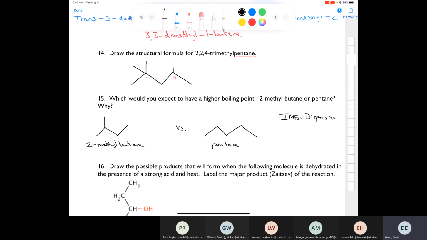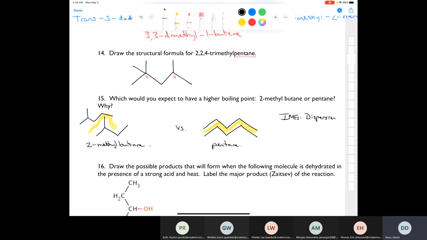There are no polar bonds and there's no opportunity for hydrogen bonding. So if you think about these two molecules, if I had another molecule of 2-methylbutane, if I just draw it like this, you can see how much less efficient the packing is here compared to what if I had another molecule of pentane. You can see how, since this is completely linear with no branching, that the packing is highly efficient. And so the intermolecular forces represented by the yellow highlighter are going to be maximized.